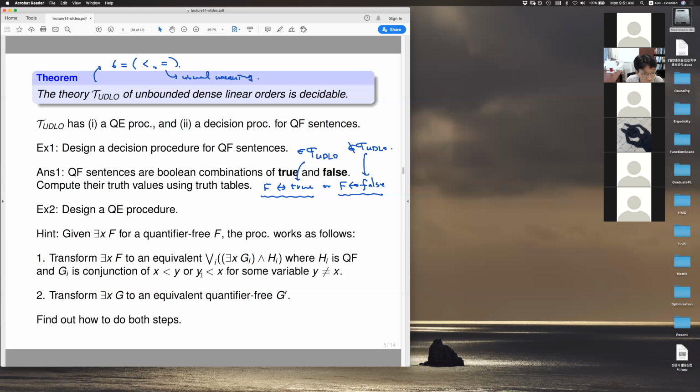Gi is just a conjunction of less-than predicates, where x appears on one of the sides. So gi is of the form x is less than y1 and x is less than y2, and maybe it also has a lower bound c1 less than x, and g2 x, maybe g3.